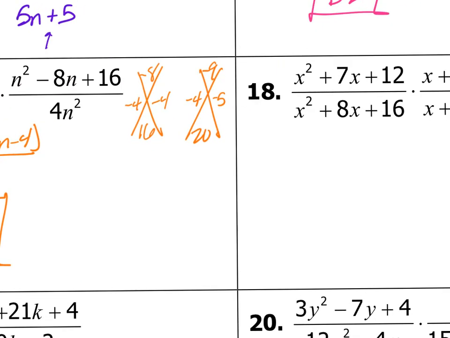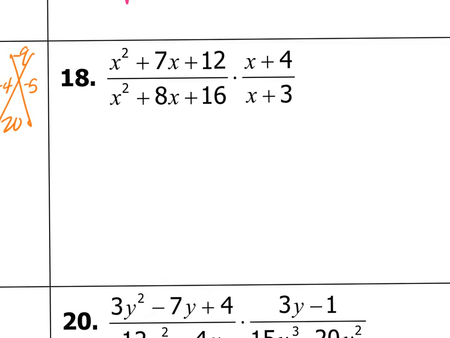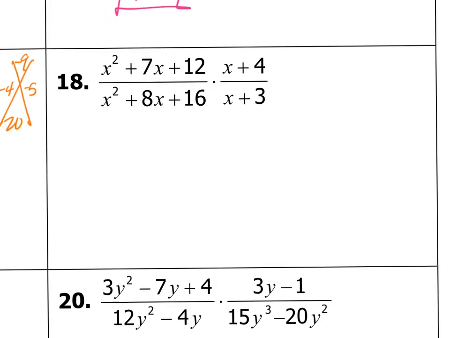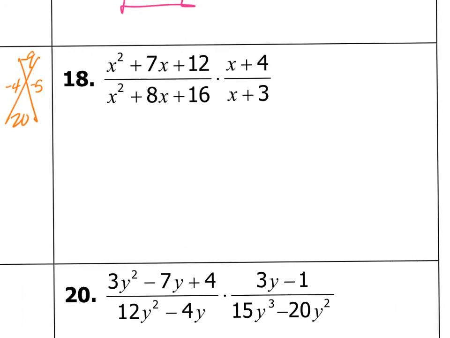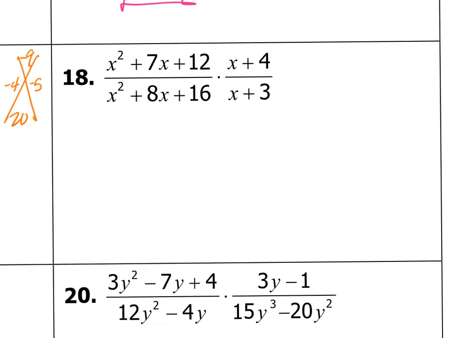So here we go. Oh, this one, I only have to factor a few things out. What multiplies to be 12 and adds to be 7? 3 and 4. So x plus 3 times x plus 4.